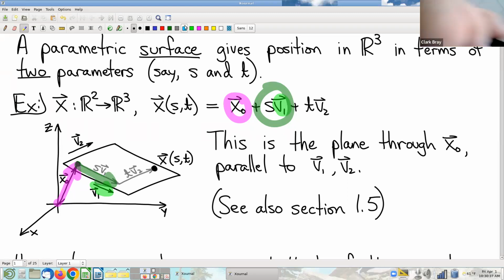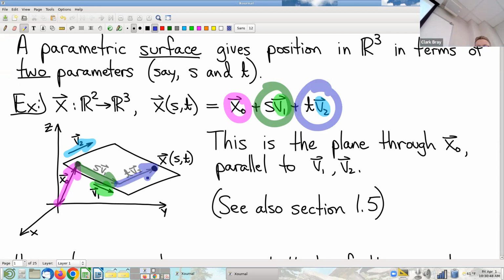And then likewise, V2 is something parallel to the plane, but in a different direction, which means that any multiple of it is also parallel to the plane. And the big idea then is that x naught is in the plane, and if I move parallel to the plane, you start in the plane, you move parallel to the plane, then guess what, where you end up?